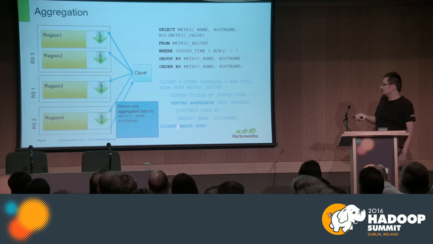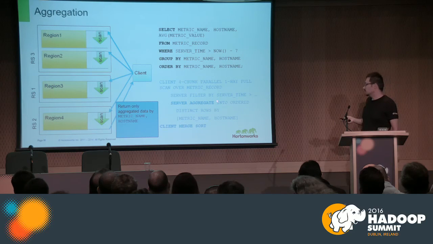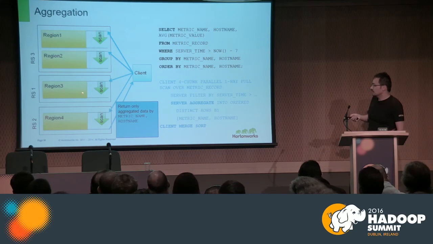So the way that this query is executed would be something like this. We're still going to do a 4-way parallel scan and apply the server-side filter as usual. But we will do a server-side aggregation into ordered distinct rows by metric name, host name. So the server side does the scan, and while the scan results are going on, it's going to execute an order by and group by at the same time, and only return the aggregate data to the client.